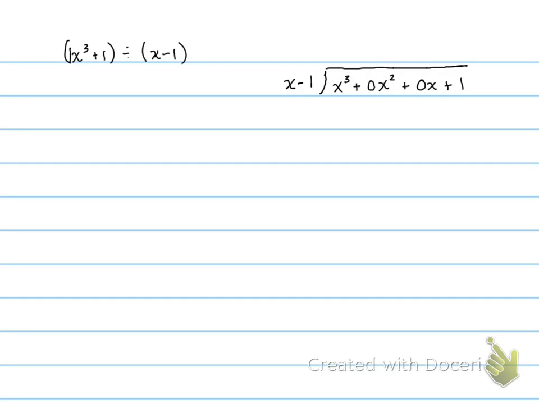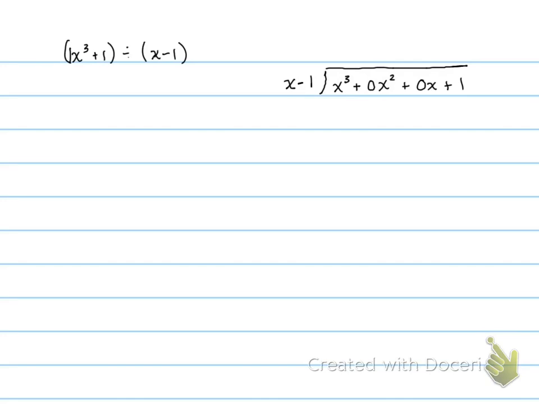So I want it to go 3, 2, 1, 0 in terms of degree. I'm just putting zeros in. Putting zeros in for what? For the missing place values. I have a degree 3 term and a degree 0 term, which means I've skipped degree 2 and degree 1.